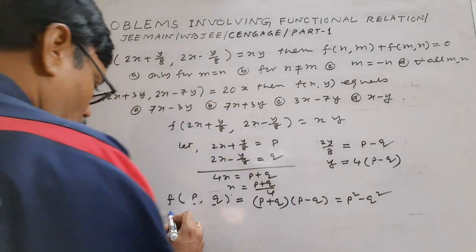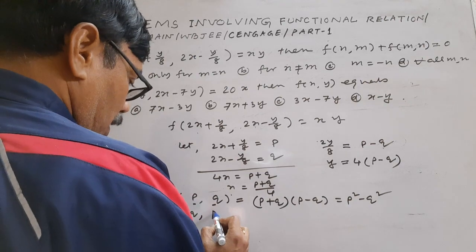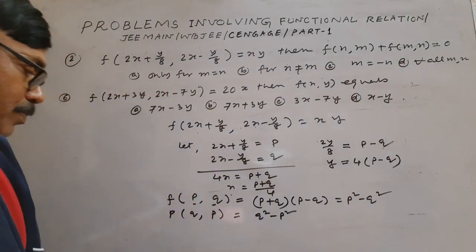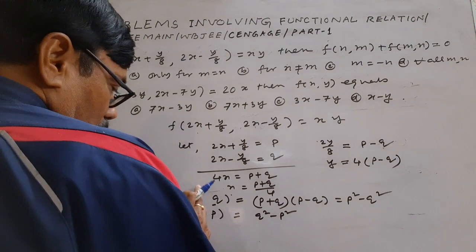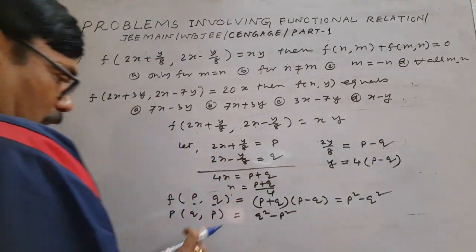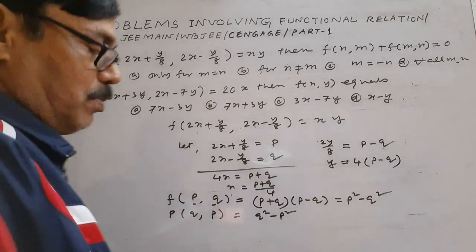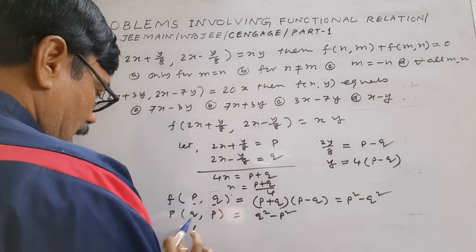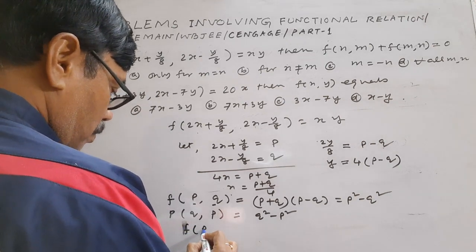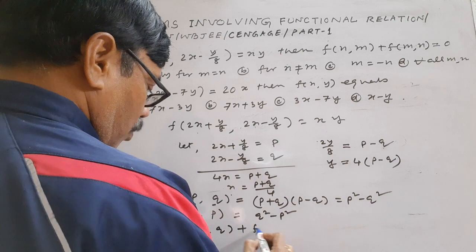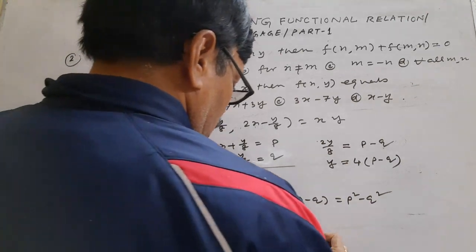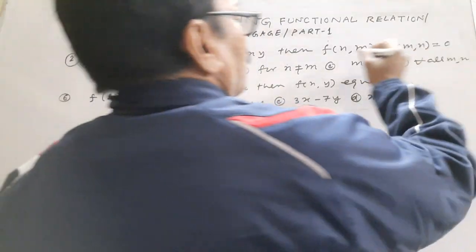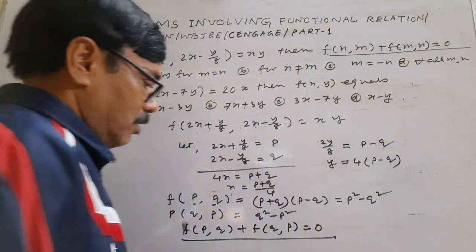Now f(q,p) equals q square minus p square. So first one whole square minus second one whole square. So if you add them, f(p,q) + f(q,p), we get 0. So we are getting this relation.